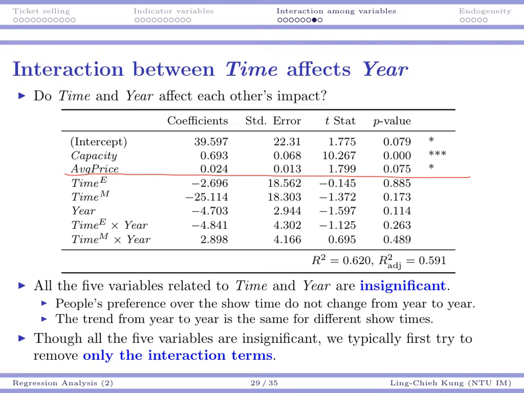So when you see some insignificant variables, do not try to remove them all at once. Try to remove them one by one, because some variables may become significant after you remove some unimportant variables.